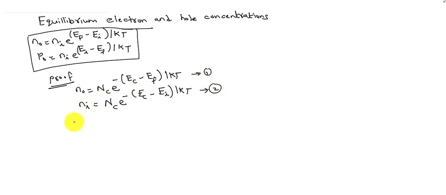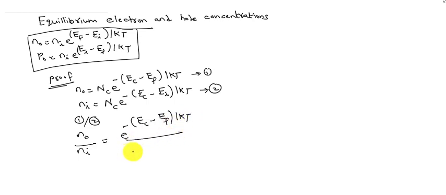Dividing these two equations, 1 by 2, we get n0 by ni equal to e raised to minus of (Ec minus Ef) by kT, the whole divided by e raised to minus of (Ec minus Ei) by kT.